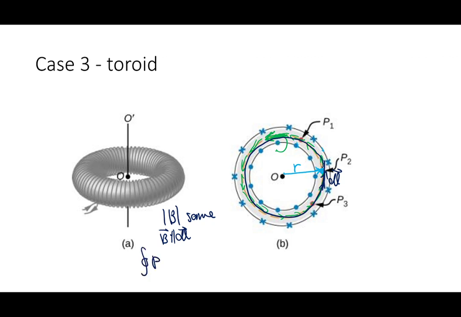So then when you do the integral, you have B times 2 pi r.